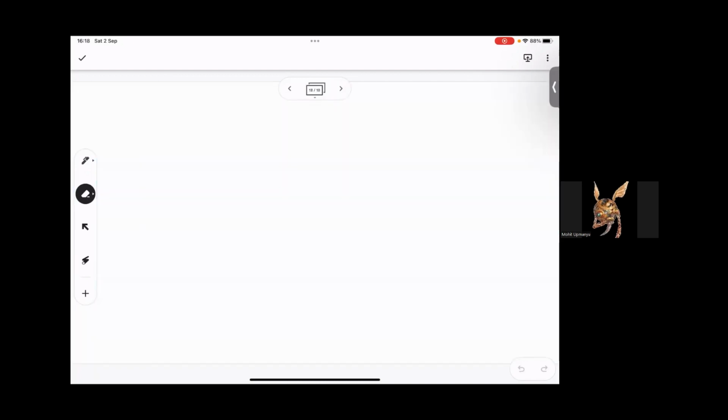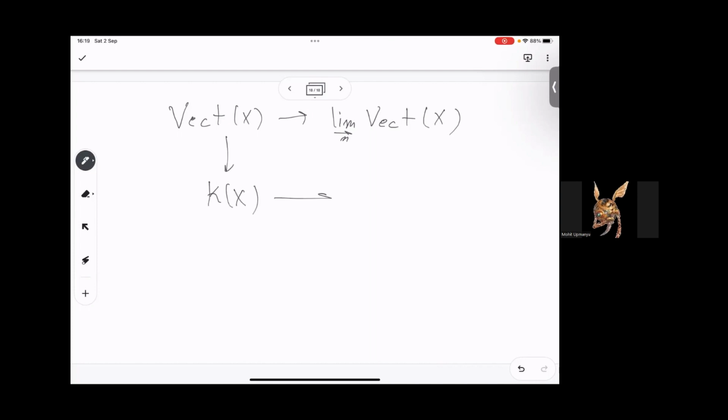So now, because this is a group and the K group is defined by a universal property, we can use this kind of argument. So we have Vect X to the direct limit of Vect_n X. Then from here we have a map to Kx, and here we have a map to K tilde X. We obviously have a map like this, which we have shown just now, and we have a map in the reverse direction.